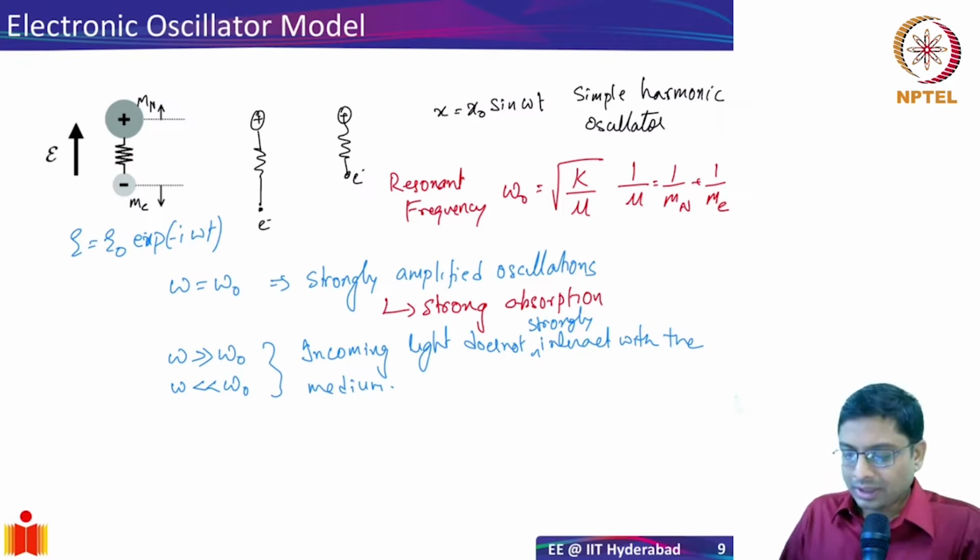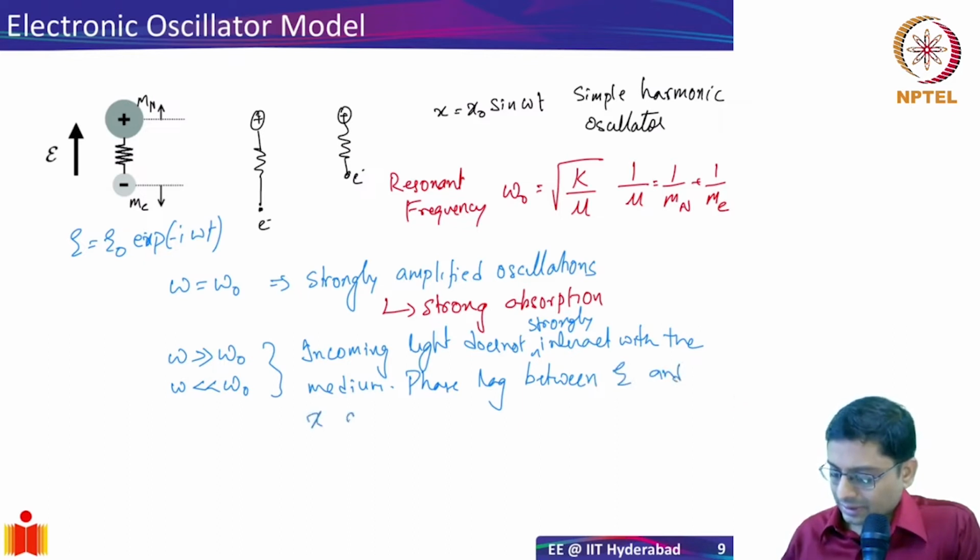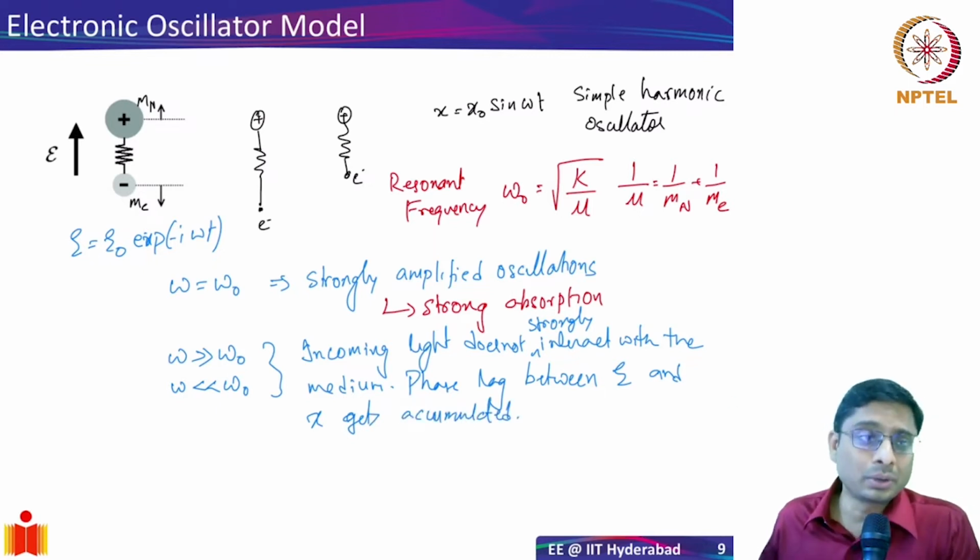So because of this phase lag, as the light is propagating in the medium, it accumulates the phase. The phase gets accumulated over a distance, and then this lag gets accumulated. So basically, the phase lag between E and X gets accumulated, and this essentially leads to slowing down of light.